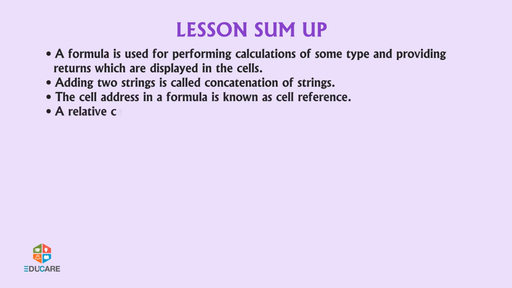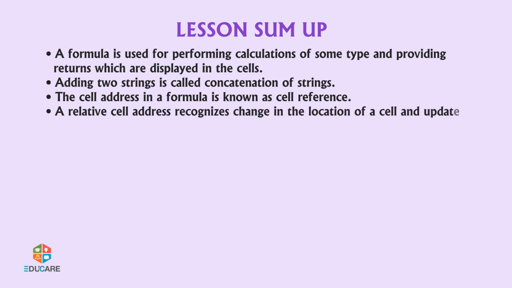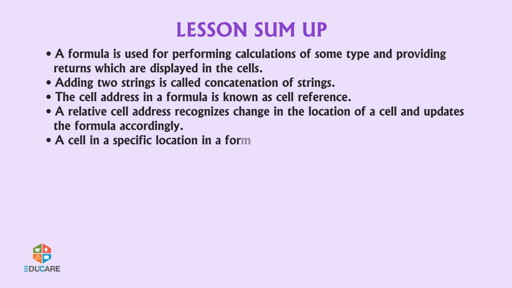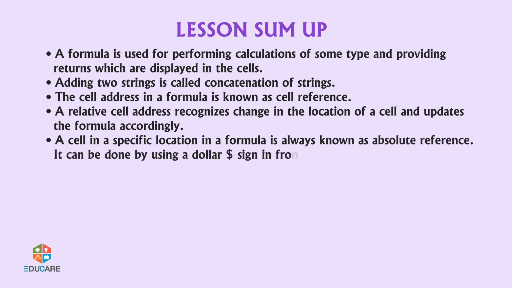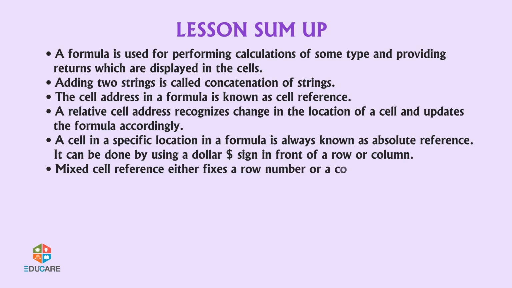A relative cell address recognizes change in the location of a cell and updates the formula accordingly. A cell in a specific location in a formula is always known as absolute reference. It can be done by using a $ sign in front of a row or column. Mixed cell reference either fixes a row number or a column letter of a cell address.